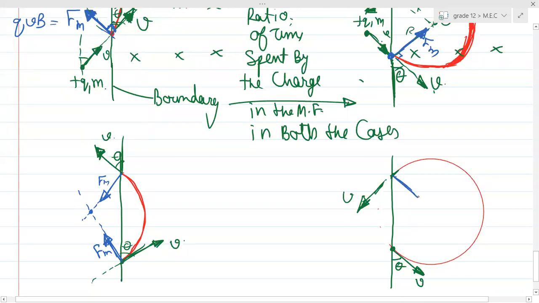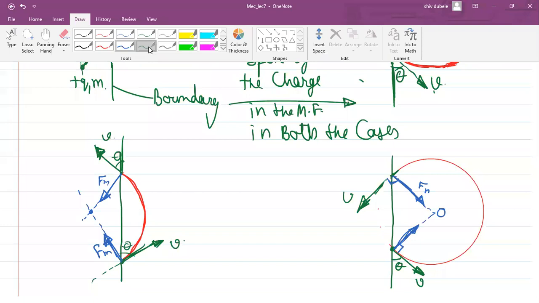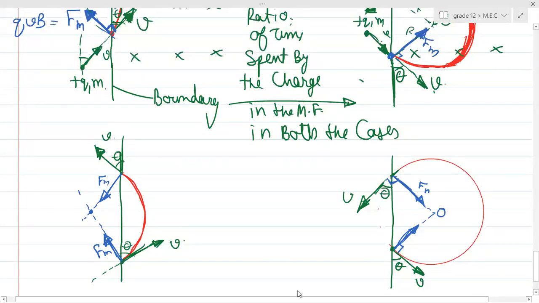The direction of forces will be like this. This angle should be 90 degrees. This angle, both of them should. Is this clear, guys? Yes, this will be the diagram in both of the cases. Please draw these diagrams. Don't draw the previous one, draw these.